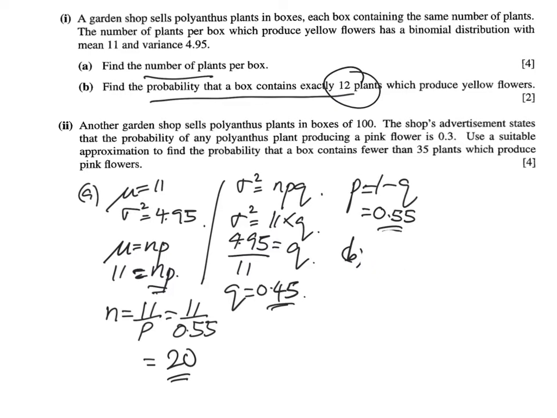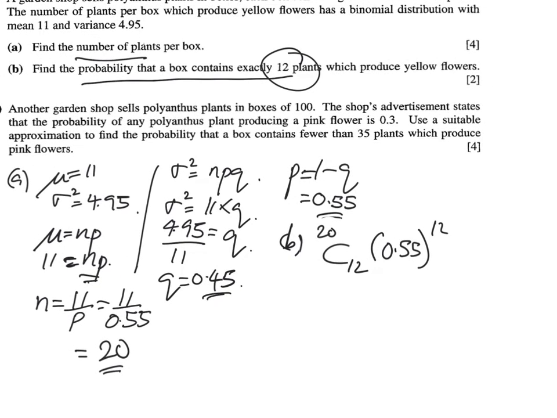So let's erase this. It should be 20 C 12. Yes, that's correct. Now p is 0.55 to the power of 12, since they want 12, and the failure is 0.45 to the power of 20 minus 12, which is 8.